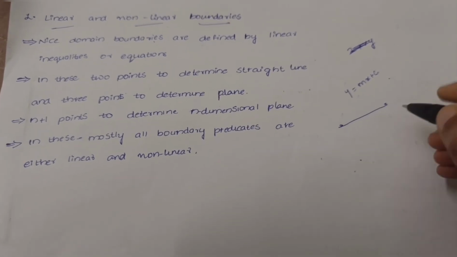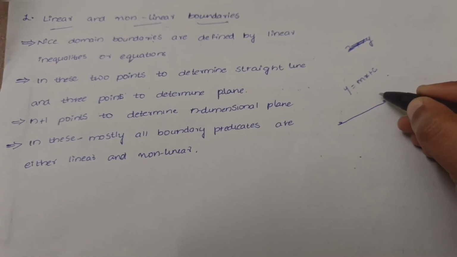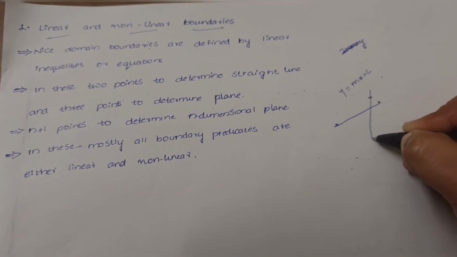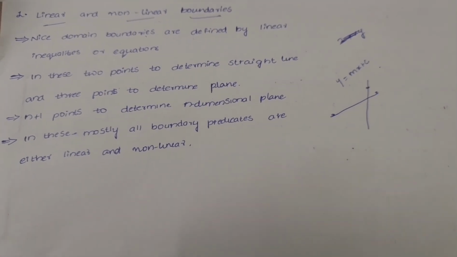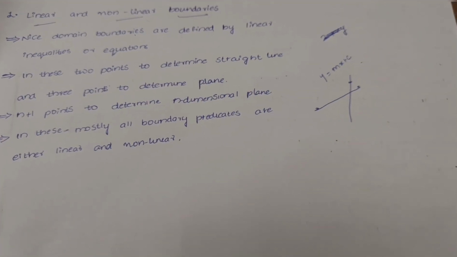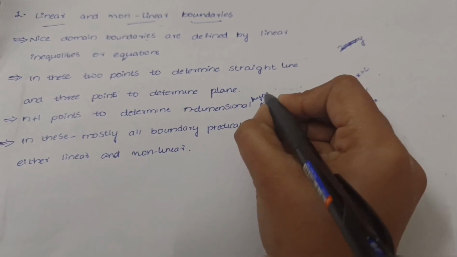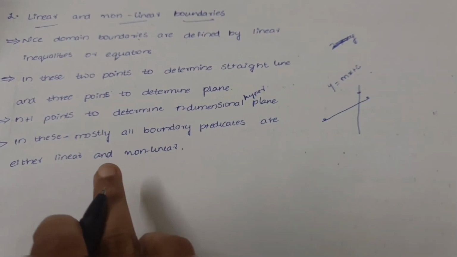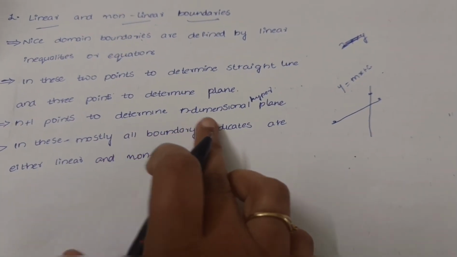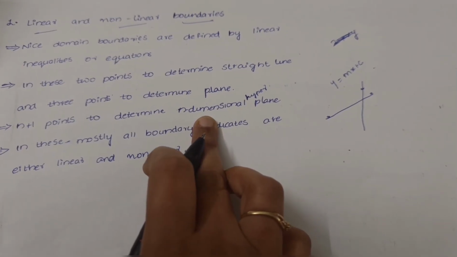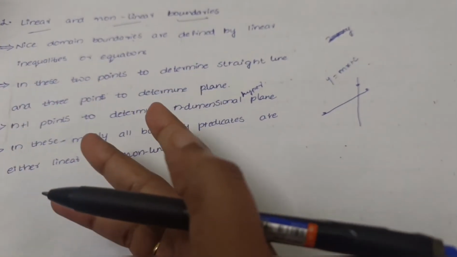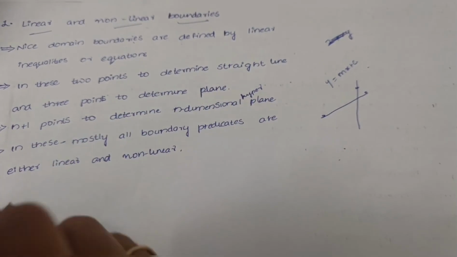Next, 3 points to define a plane, and n plus 1 points to define an n-dimensional hyperplane, which means n plus 1 points can define an arbitrary-dimensional hyperplane.